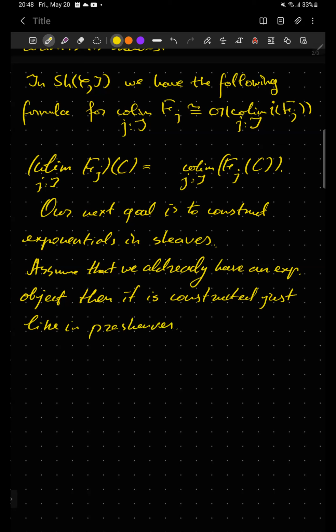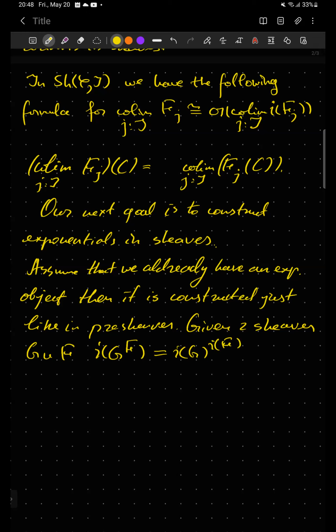Namely, given two sheaves J and F, I of J to the power of F is equal to I of J to the power of I of F, where I is the inclusion functor of sheaves into pre-sheaves.